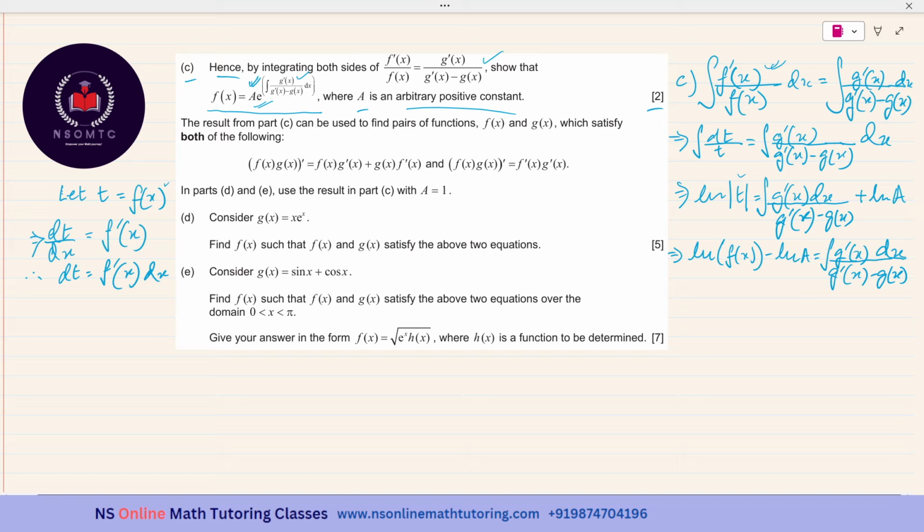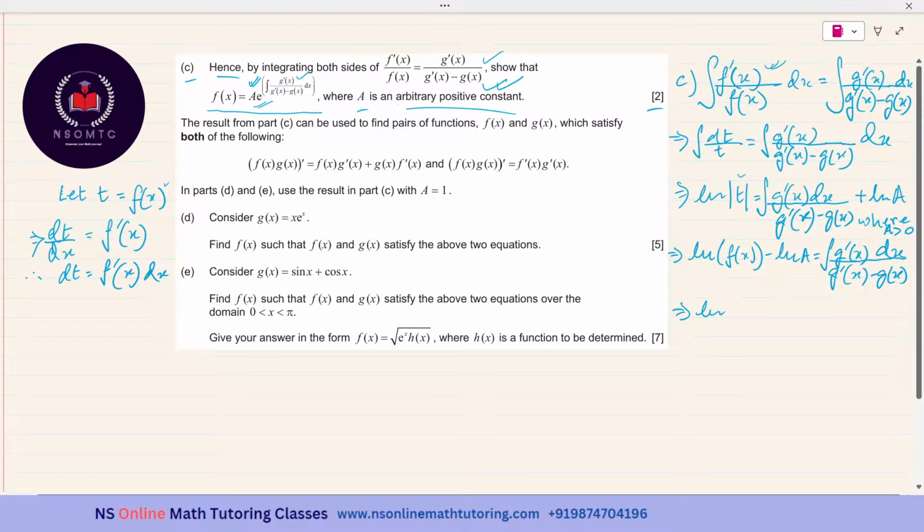These two can be combined, and I'll be getting ln of e, where e is an arbitrary positive constant, e greater than 0.